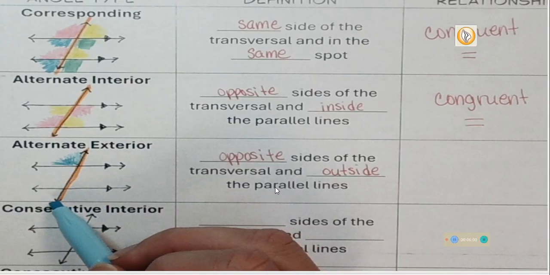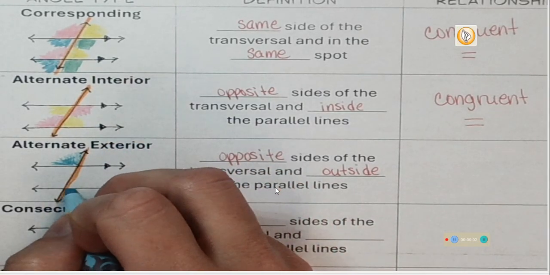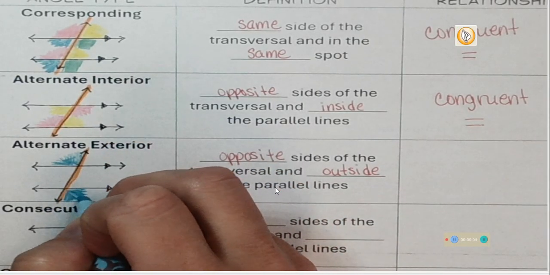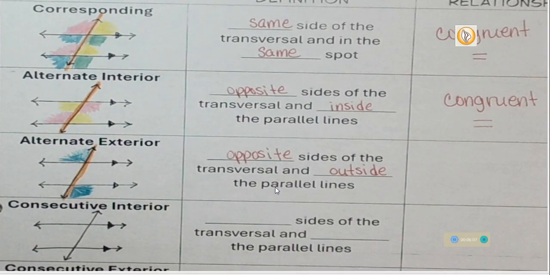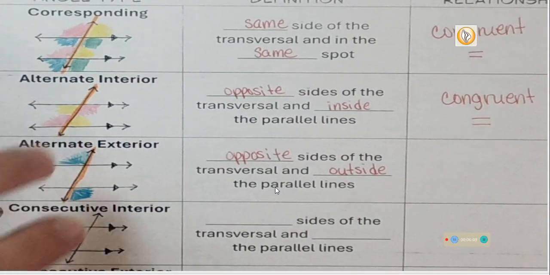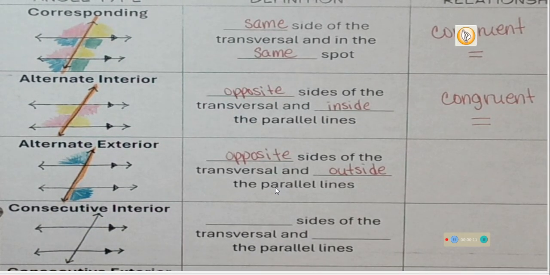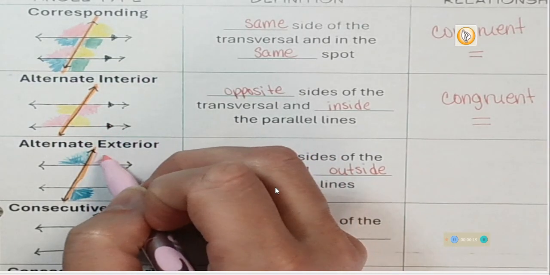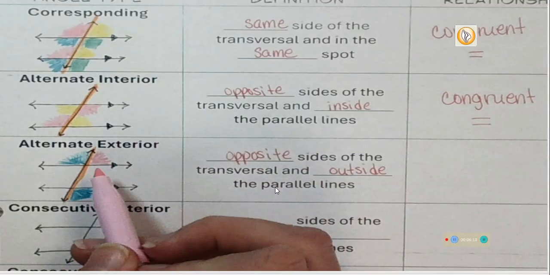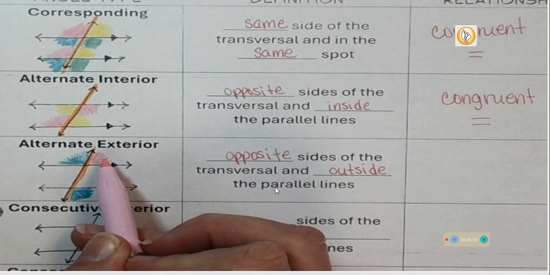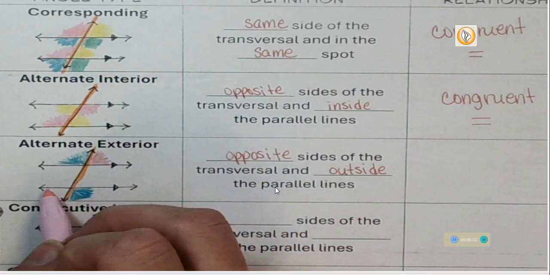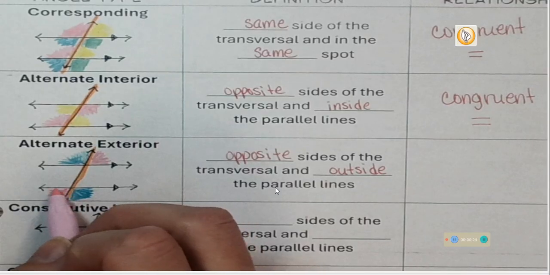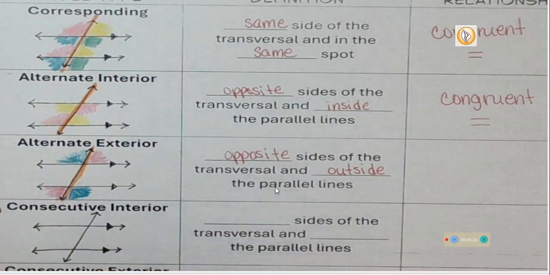It's got to be outside, and to alternate, it's going to be outside and on the right. So, alternate exterior. There's one more set of alternate exterior. If you start with the top right, its alternate exterior is going to be the opposite side, other exterior. Now, what do you remember about alternate exterior? Do you remember what they are?